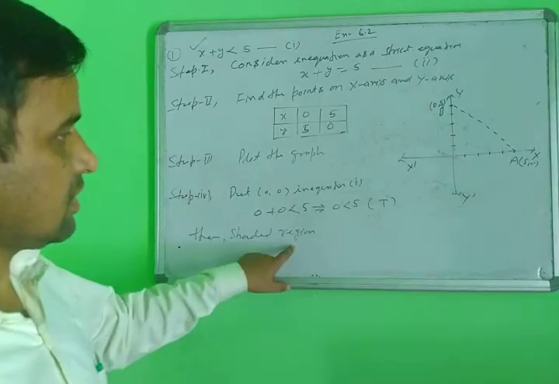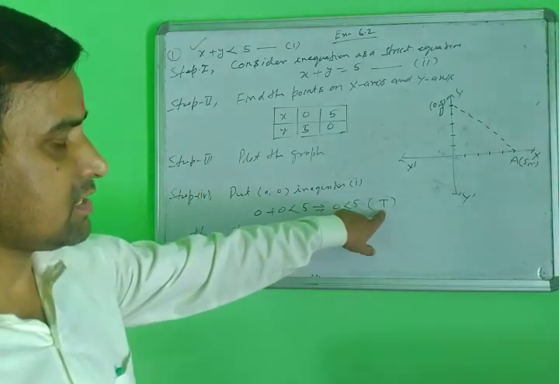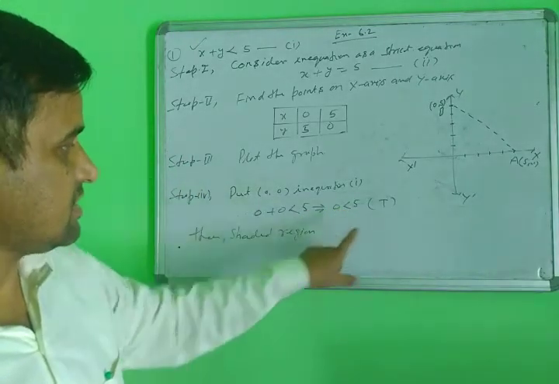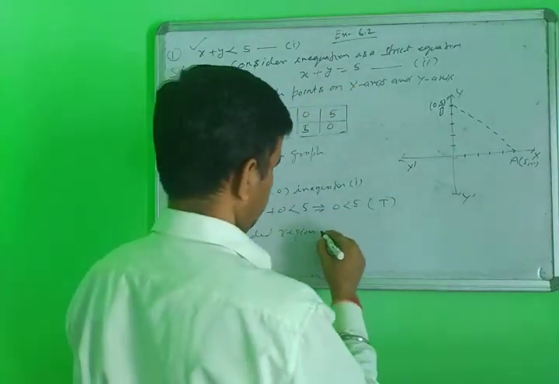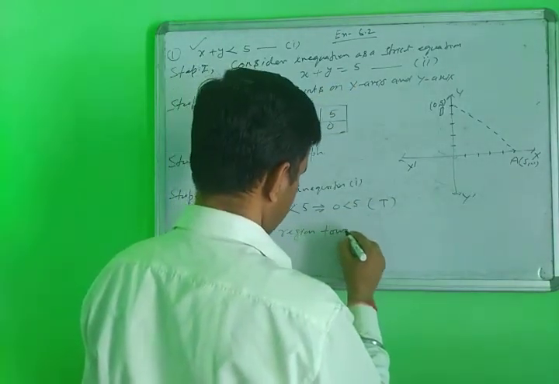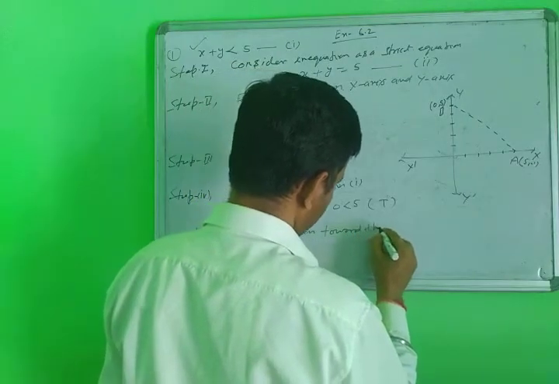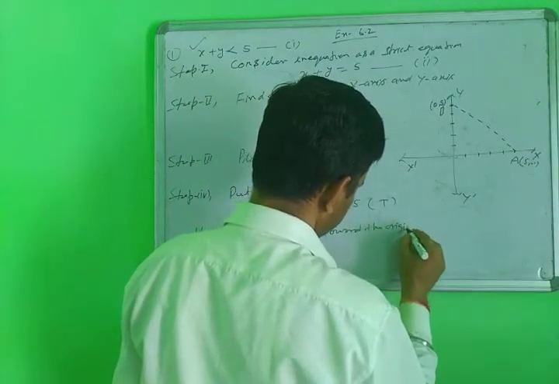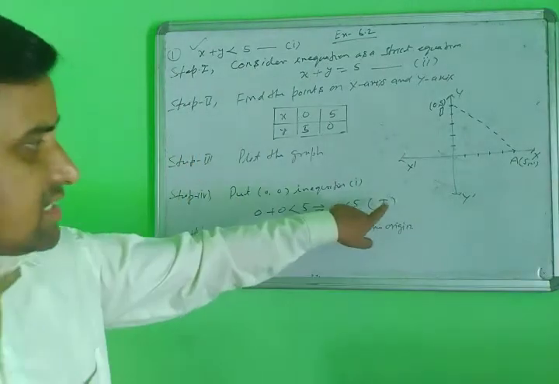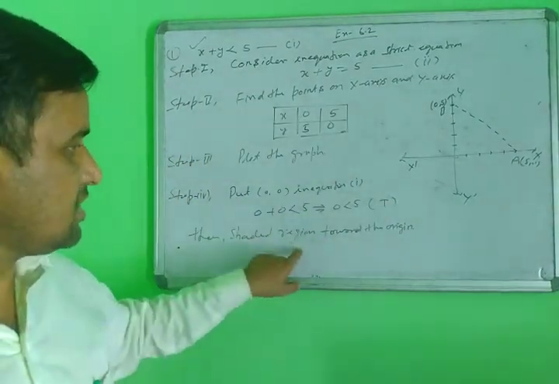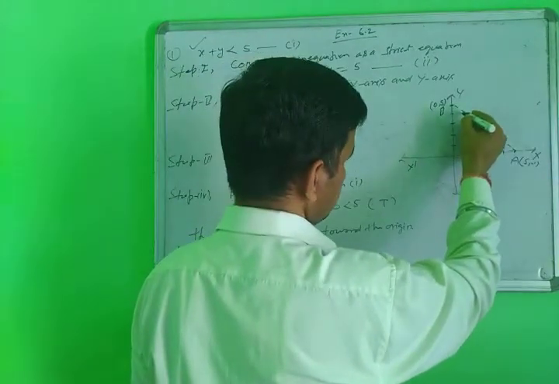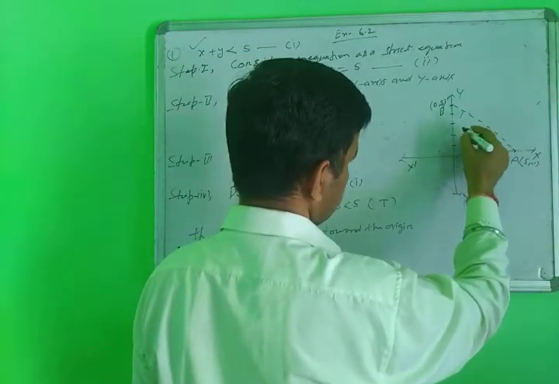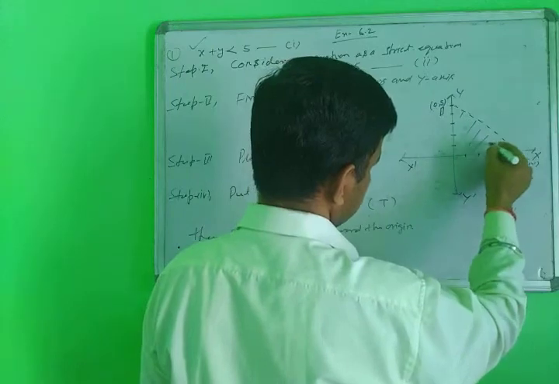Here the condition is true, so the shaded region is toward the origin. This is your shaded region.